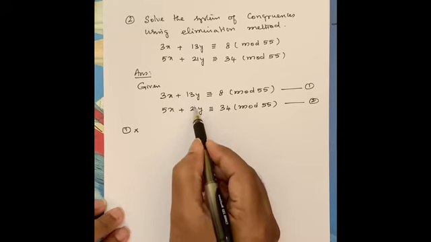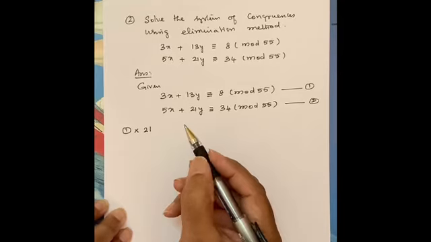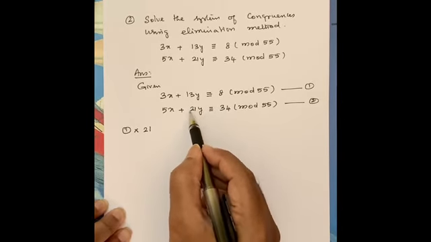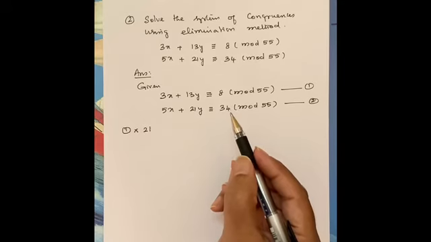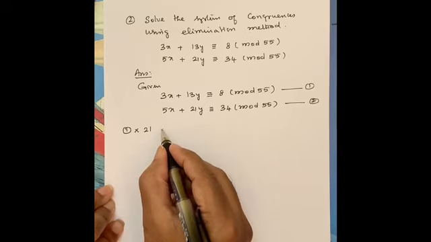So the second congruence's y coefficient I am taking, 21. Usual idea. Because I am eliminating y, I am selecting the second congruence's y coefficient 21. So first congruence multiply with 21.